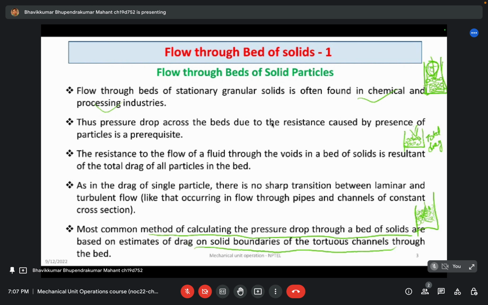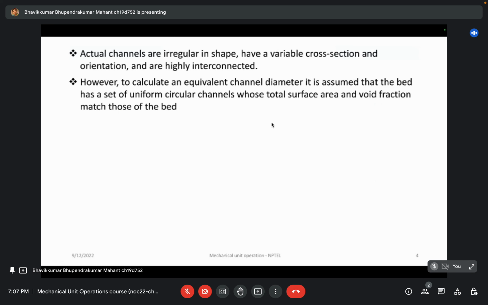Now, as you can understand, in the packed bed we do not always have spherical packing material. So channels are always irregular in shape. Even if we are using spherical material, the channels are irregular, with variable cross sections and orientation, and you should always know that they are all highly interconnected.